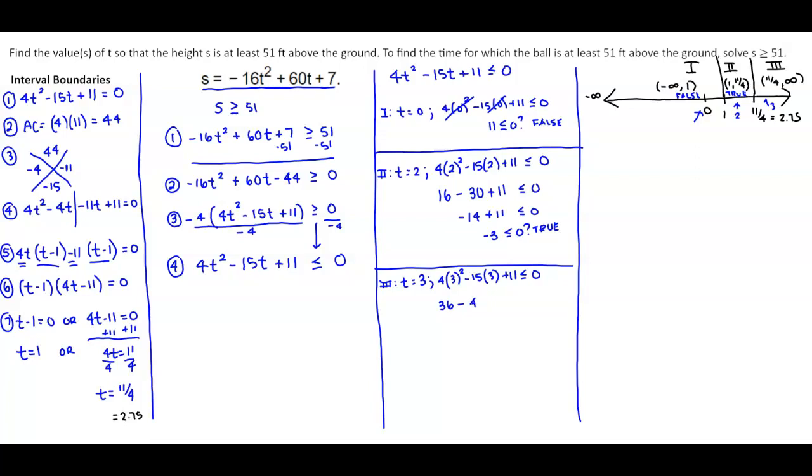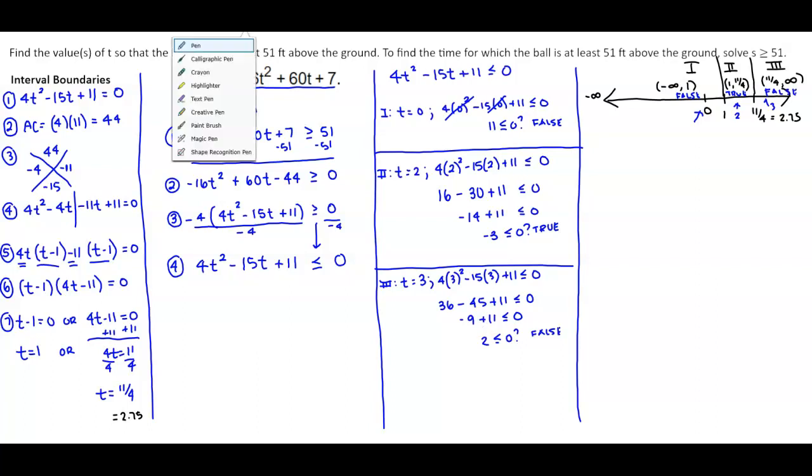So minus 45, and then plus 11. So 36 minus 45 is negative 9, plus 11, which is positive 2. Is positive 2 less than or equal to 0? Well, that's false. So where is it true? It's true for region number 2, between 1 and 11 over 4, which is the same thing as 2.75.